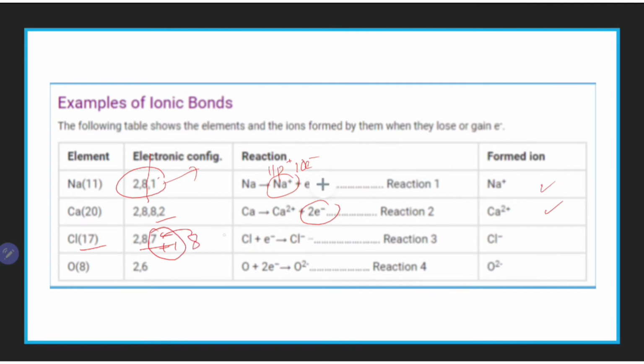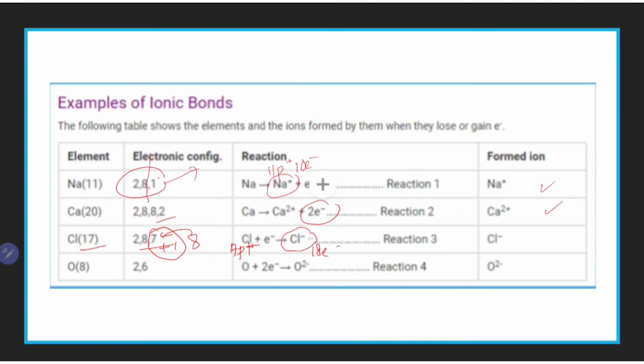After receiving 1 electron, the atom will be a negatively charged ion because the number of electrons is now one more than the protons. There are 17 protons, and the electrons plus 1 become 18, so totally minus 1.